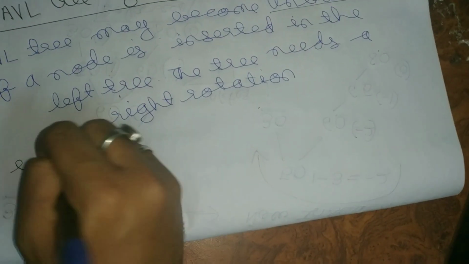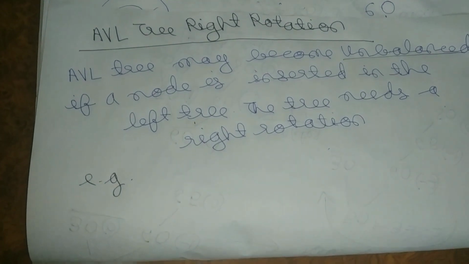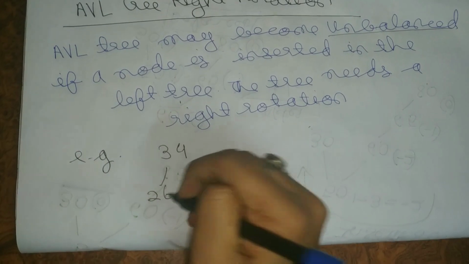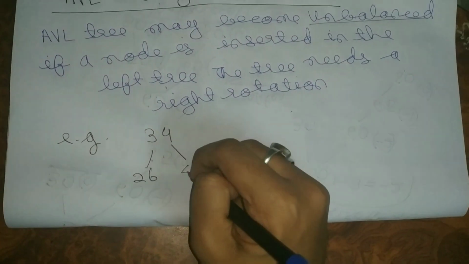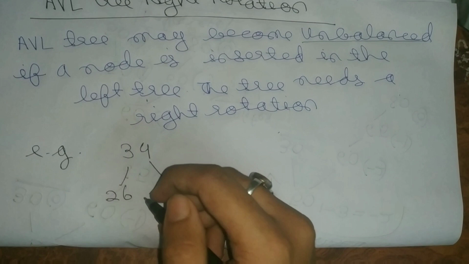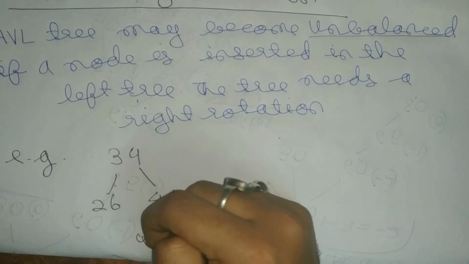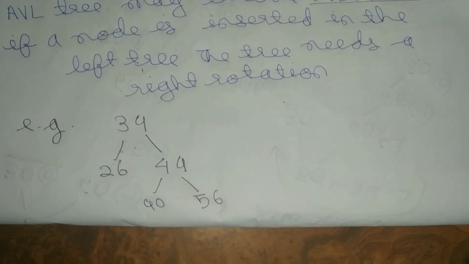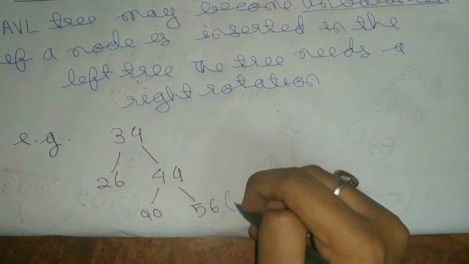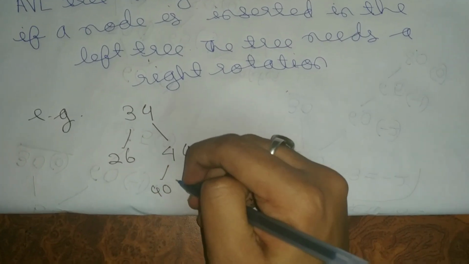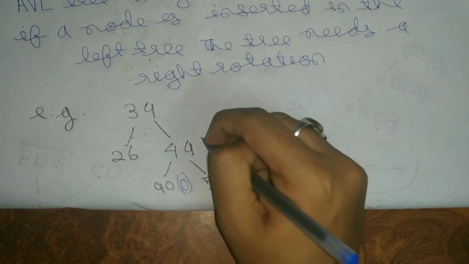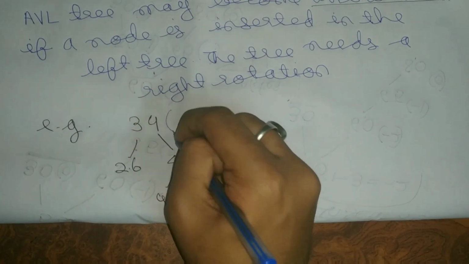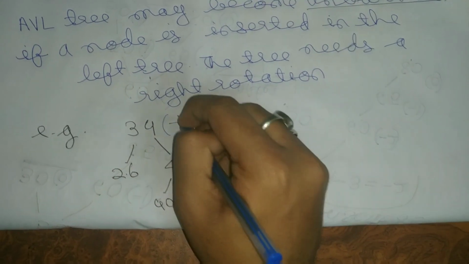So for example, see 34, 26, 44, 40, 56. So this is a tree. So this is 0, this is 0, this will be 0, and this will be minus 1.